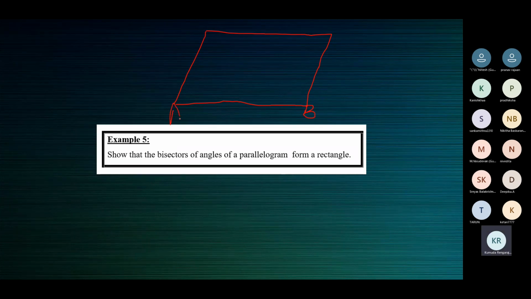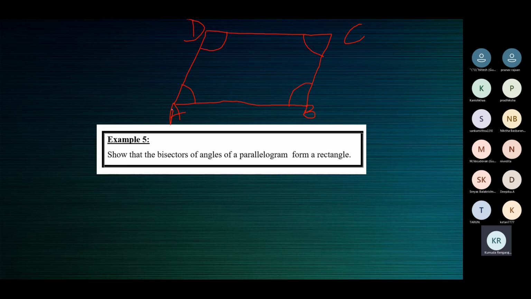So we have a parallelogram ABCD. These are the 4 interior angles. See the word in the statement, we only have the word angles. Angles means interior angles. When nothing is mentioned, angles means the interior angles. Any quadrilateral has 4 interior angles, so these are the 4 interior angles of the parallelogram.